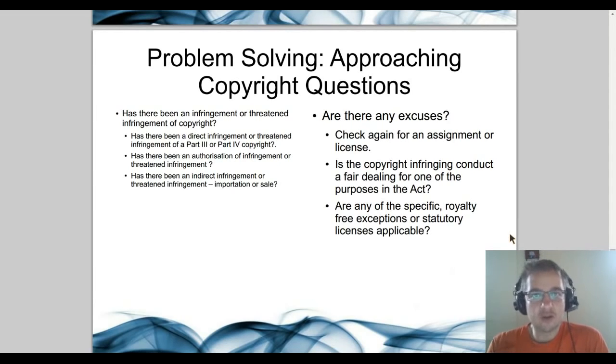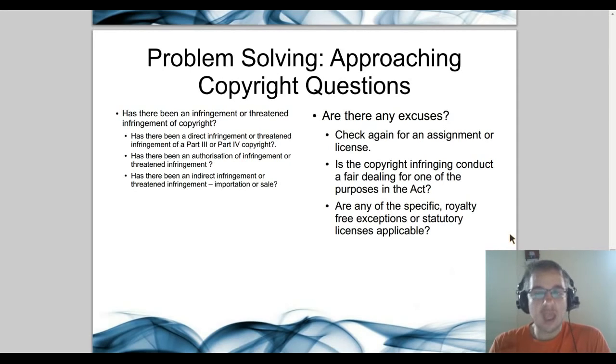So, for example, if I copy a film, I might be making not only a reproduction of the Part 4 film, but the original screenplay, the musical works, the sound recordings that are embedded in the film, the dramatic works in the script, and so on. So you need to be able to identify all the potential works and all of the infringements that might apply. And you'll only be able to do that through practice.